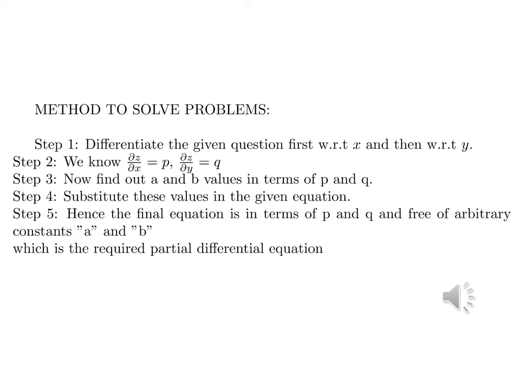So finally we will get partial differential equation in terms of p and q, maybe also z and its independent variables x and y. So the partial differential equation may involve z and variables x and y, also partial derivatives.